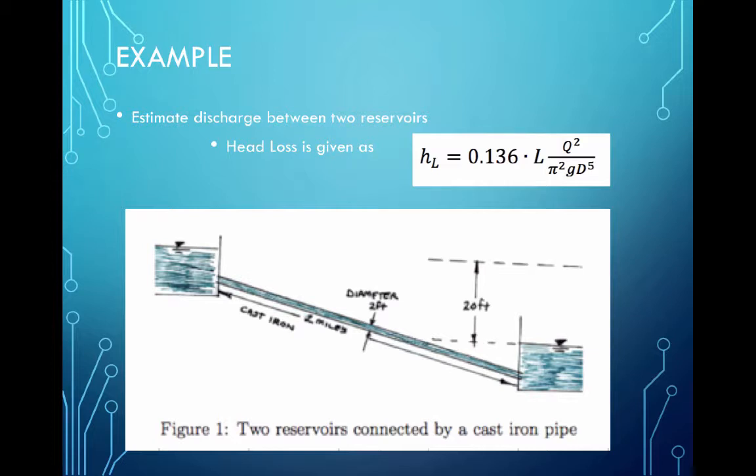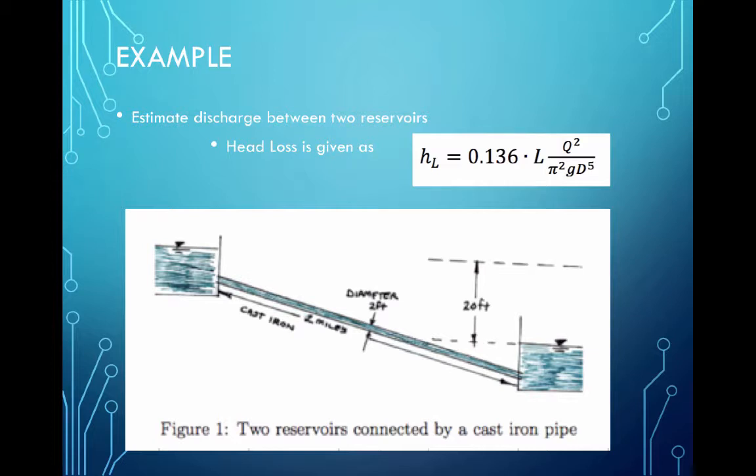Length is, let's see, 10,560 feet. And we're told it's a cast iron pipe, and so we'd look up the roughness height for a cast iron pipe.